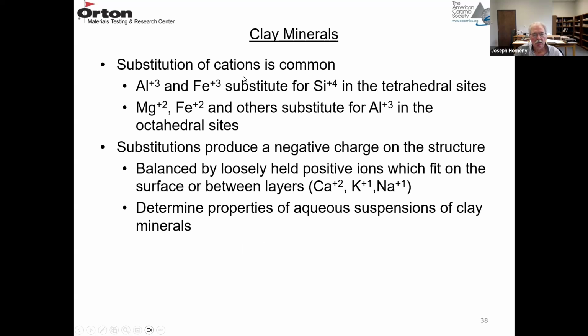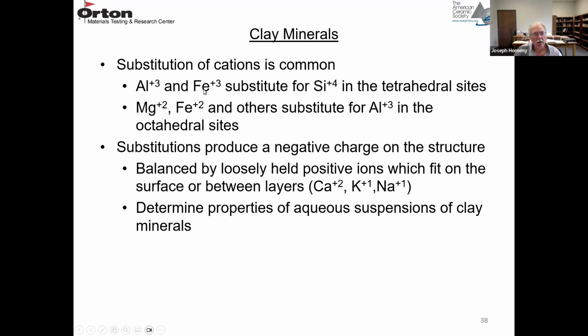So substitution of cations is common in clays, and again, Al +3 and Fe +3 substitute for Si +4 at a tetrahedral site. Mg +2, Fe +2, and other +2 ions can substitute for Al in the octahedral sites. So when you make a substitution, you produce a negative charge in the structure.